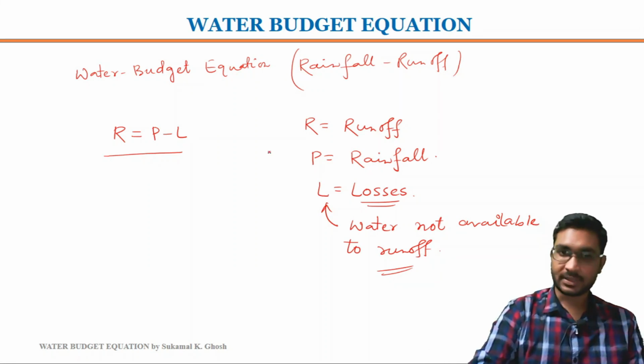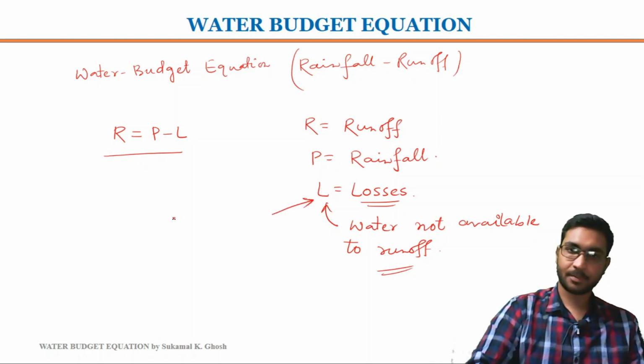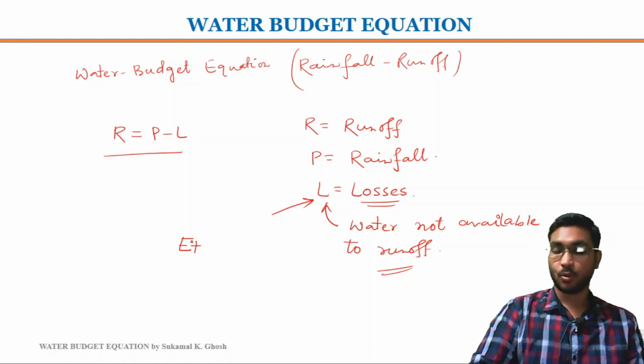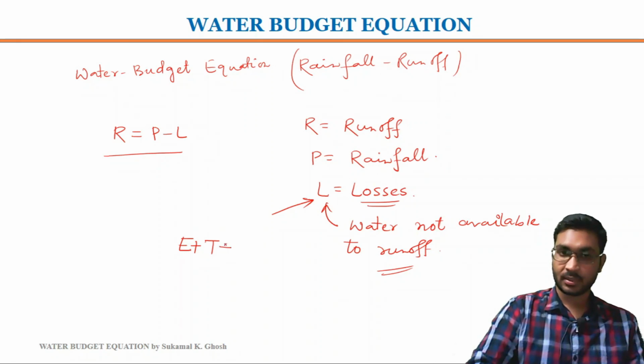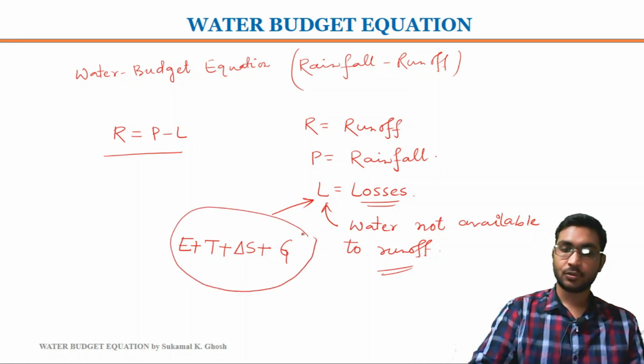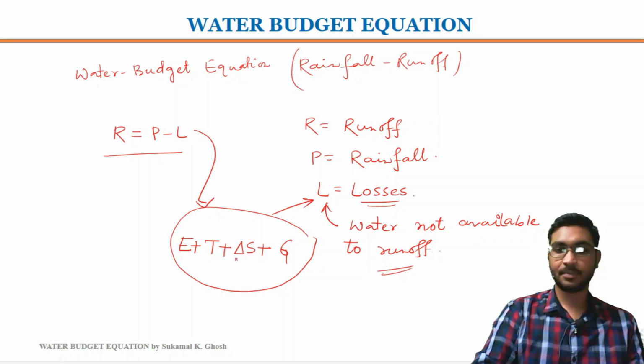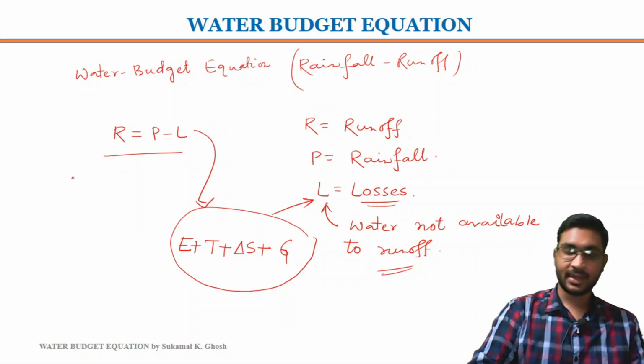This loss comprises water loss due to evaporation, water loss due to transpiration, the surface storage, that is del S, and the net groundwater flow, that is G. So L equals E plus T plus del S plus G.